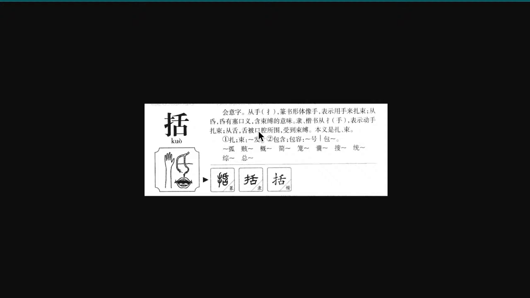You really don't stick your tongue out of your mouth. It always stays inside, so your mouth is kind of enclosed and includes the tongue. That's why they use the tongue over here to mean include or a meaning like that. So this is 括.